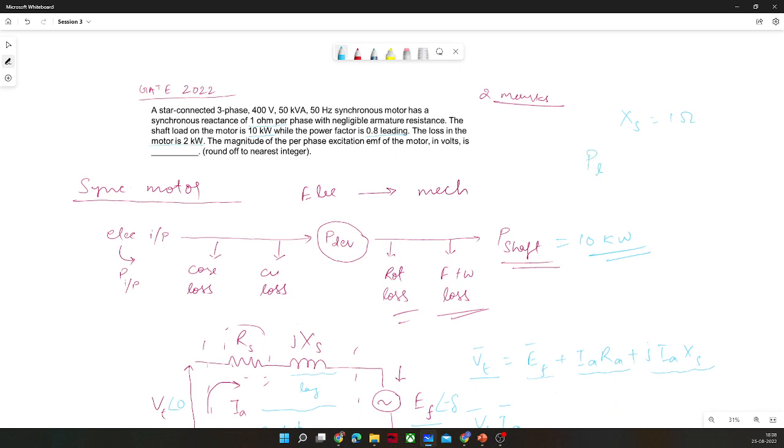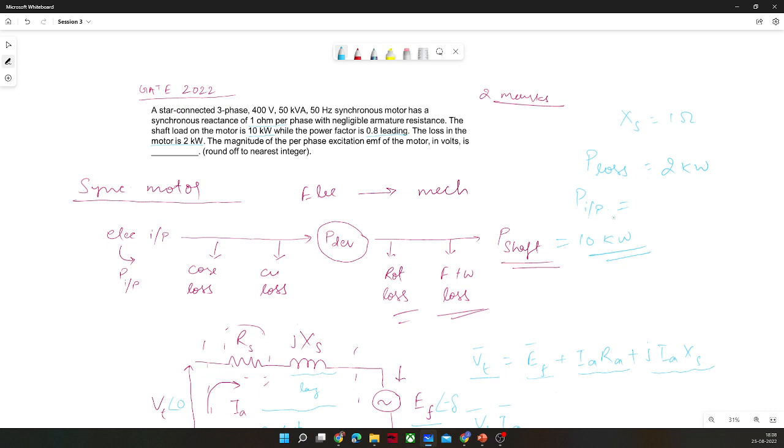Now loss is also known, 2 kilowatt. So what would be the input power? Can anybody tell me? After that, we will solve for the per phase excitation EMF. What should be the approach to solve the excitation EMF? Can anybody tell me what would be the input power in this problem? 12. 12, right?